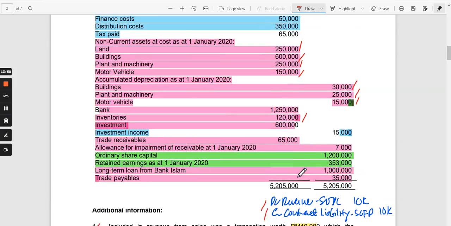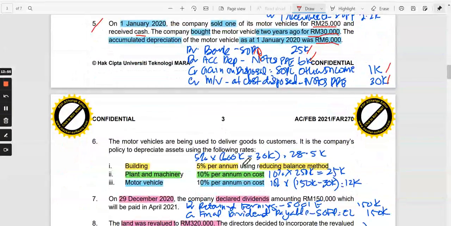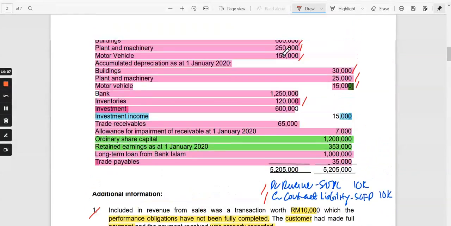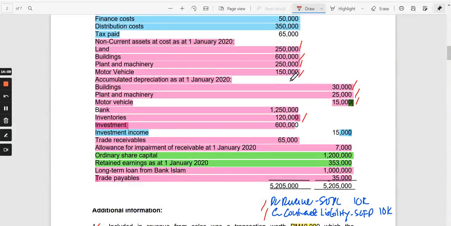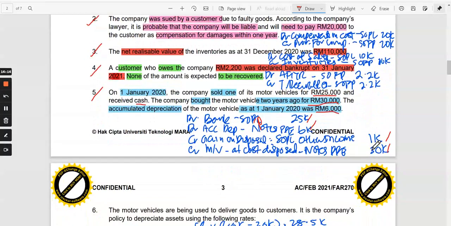Right. Now, we will have to calculate. So 10% from 250 is the cost for plant and machinery. Here, motor vehicle, you need to take 150, which is the cost. And you need to remove the cost that was being disposed.